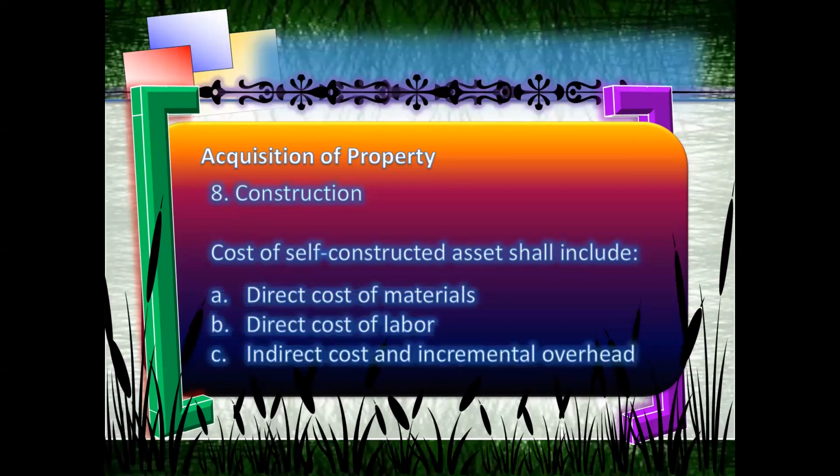There are three: first is the direct cost of materials; second, the direct cost of labor; and the third is the indirect cost or incremental overhead. Like in a manufacturing concern, the elements of product cost: direct materials, direct labor, and manufacturing overhead.